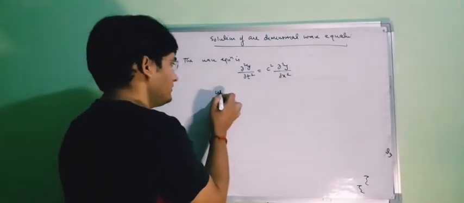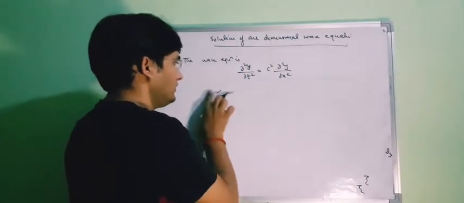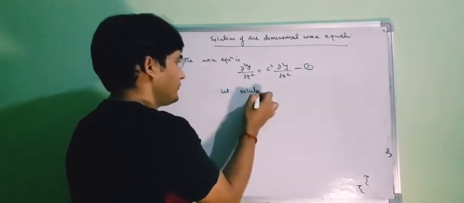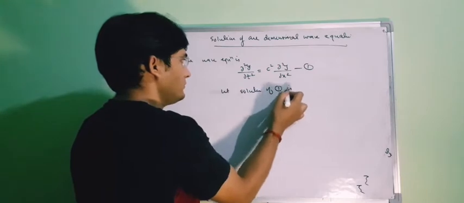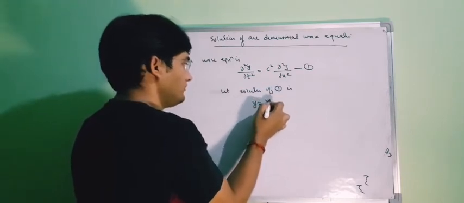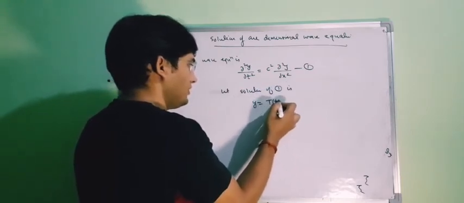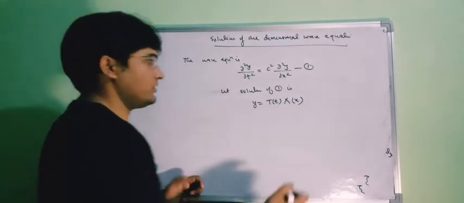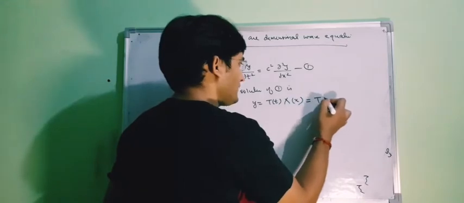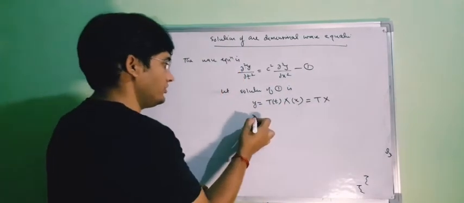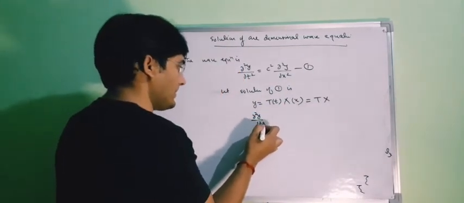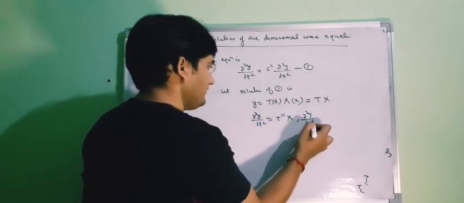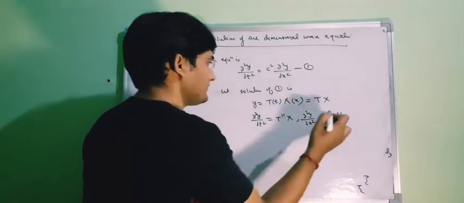So let us assume, say this is equation 1, let the solution of 1 be y = T(t) · X(x), which we can simply write as T into X. So ∂²y/∂t² will be T double dash into X, and ∂²y/∂x² will be T into X double dash.